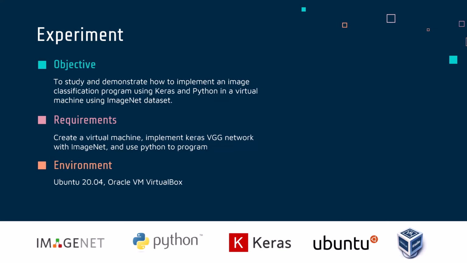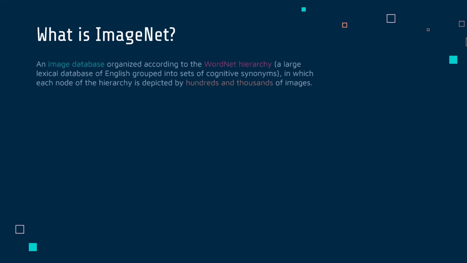But before we move on to the experiment procedure, I'd like to introduce to you what ImageNet is. ImageNet is an image database organized according to the WordNet hierarchy, which is a large lexical database of English grouped into sets of cognitive synonyms, in which each node of the hierarchy is depicted by hundreds and thousands of images.